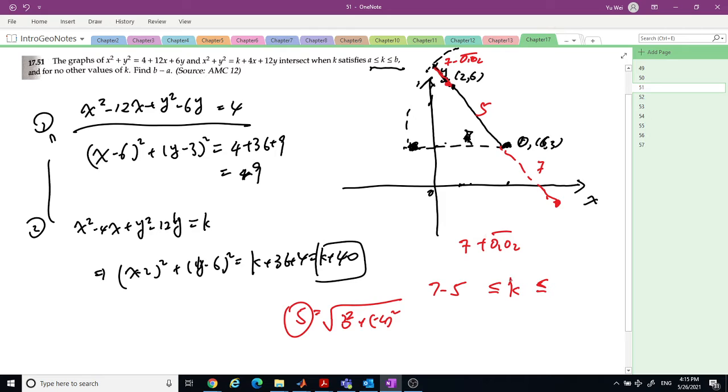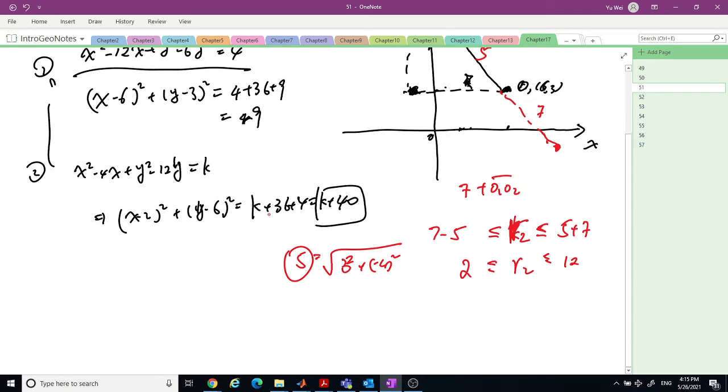So the radius R2 should be greater or equal to 7 minus 5 and less or equal to 5 plus 7. So R2 should be within 2 and 12.